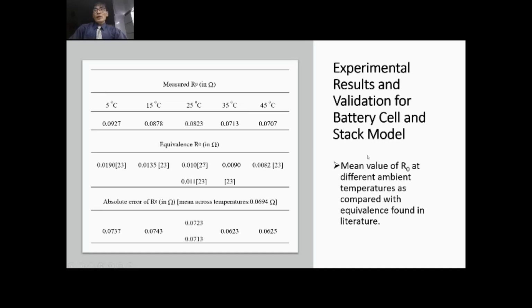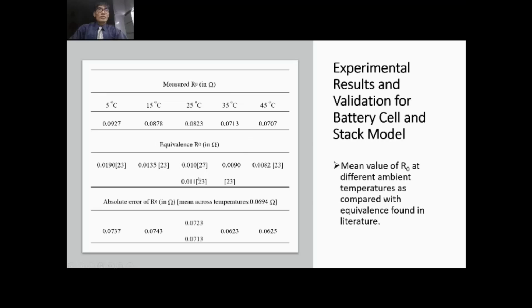The experimental result has continued the mean value of R0 at different ambient temperatures as compared to its equivalent found in the literature. R0 on the top is something that we have determined at different temperatures. As compared to the literature, which I'll show you the reference of later on, you will find that they actually have a different value at different temperatures.